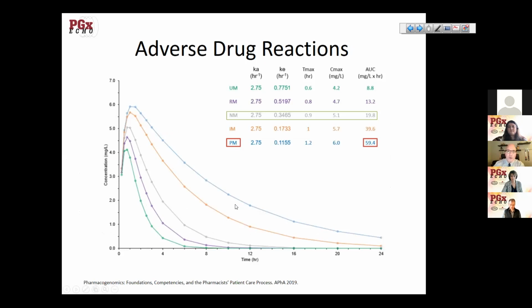And so this person with a poor metabolizer phenotype is at increased risk of adverse drug events, reactions, because of the increased exposure. When you look at the relative number here, 59.4 relative to the normal metabolizer, you see almost 3 times the AUC, or the exposure. So again, in both instances, with inefficacy and with adverse drug reactions, how may pharmacogenomics impact?